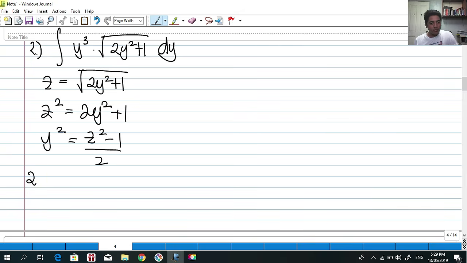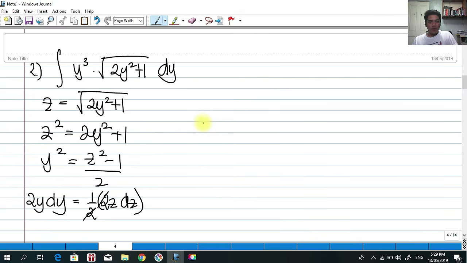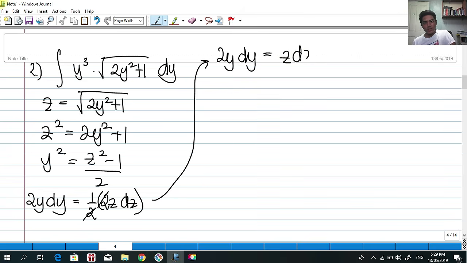So we have 2y dy, and we have now 1 half times the derivative of z squared minus 1, which is simply 2z dz. So the 2's will cancel, and you are left with 2y dy equals z dz.